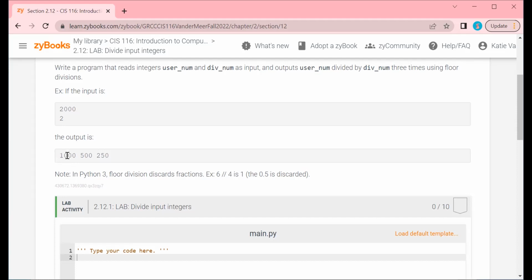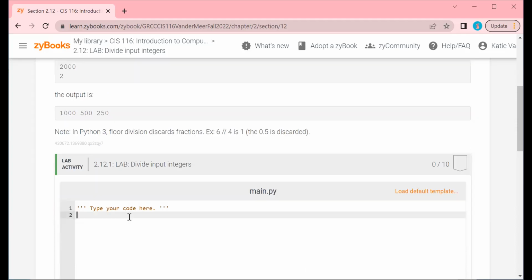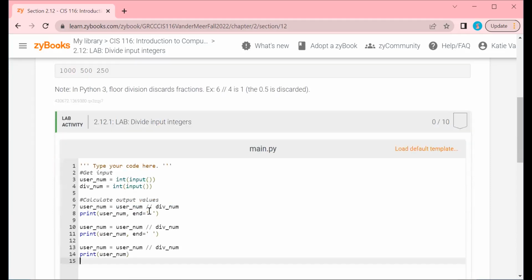So if my input is 2000 as the user number, and I'm dividing that by 2, then my output is only going to be the whole number of 1,000, 500 and 250. Anything that's after that is just discarded. So we use the floor operator for that.